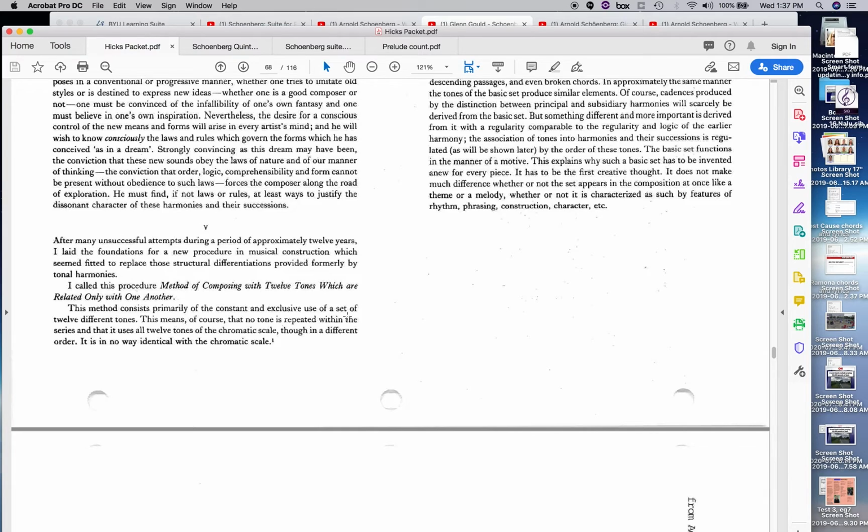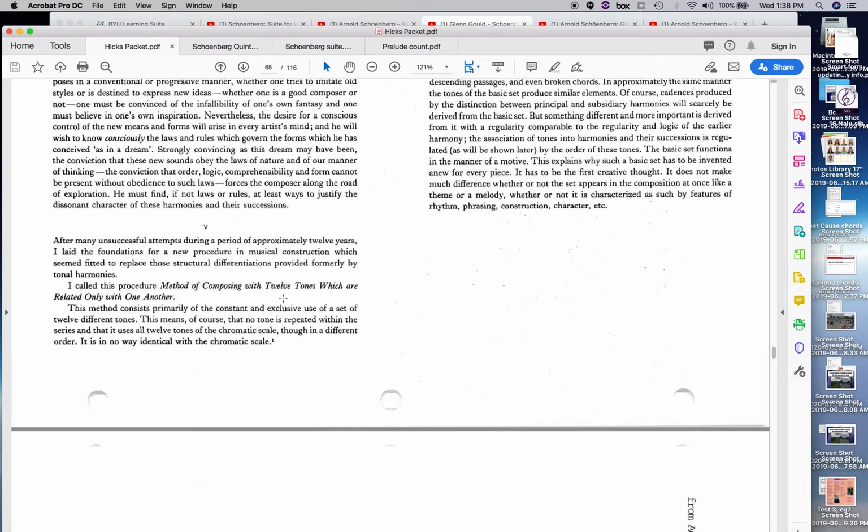It could be anything. But we're not talking about a set because the set that we're using is the set of all 12 pitch classes. And every 12-tone row uses all 12 pitch classes. What we're talking about is a series, a 12-tone series, okay?